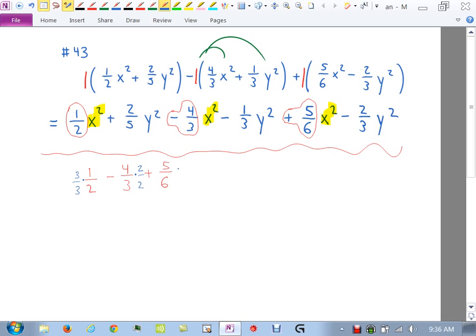No. So now multiply these fractions together. 3/3 times 1/2, you multiply straight across. 3/6 minus what? 8/6 plus 5/6. And now when we put these together, all I have to do is do 3, take away 8, add 5. So what's 3 take away 8, add 5?